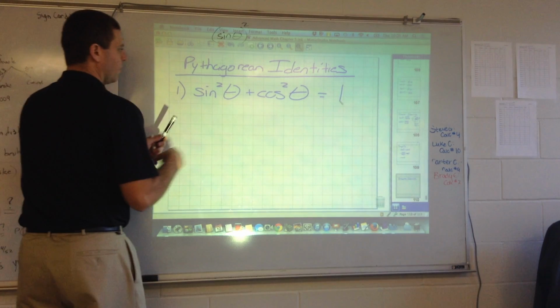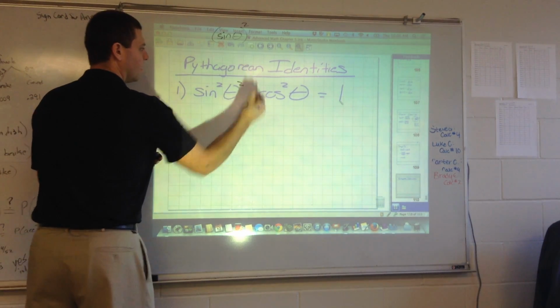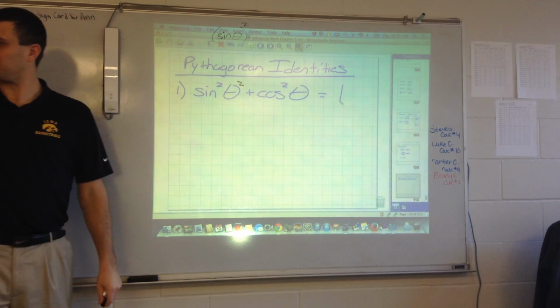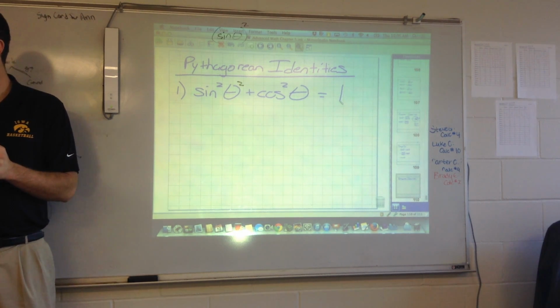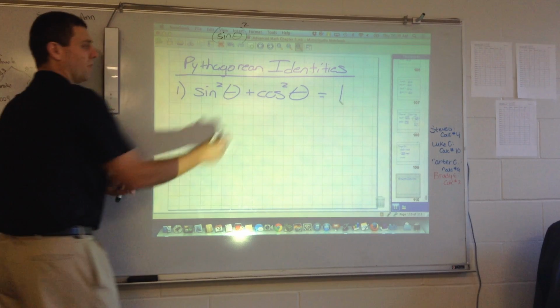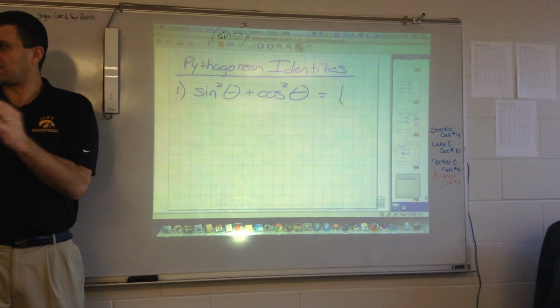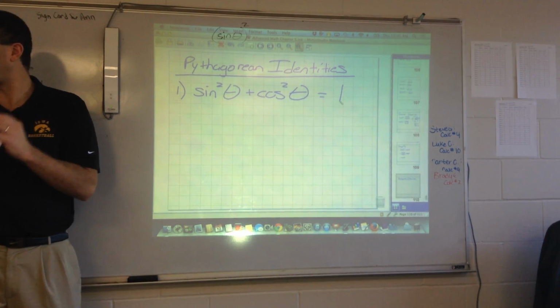If you put the 2 right after theta, wouldn't it almost look like you need to take theta and square it first, and then do the sine of it? That's not what we want. We definitely want to take the sine of theta, whatever that value is, and square that value.